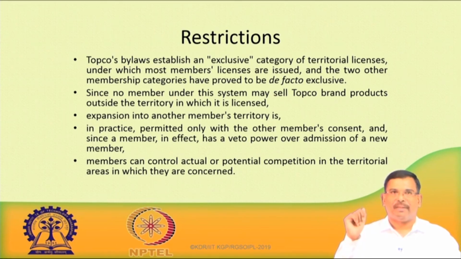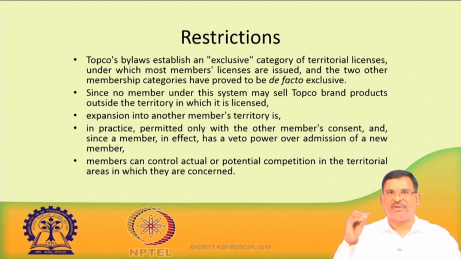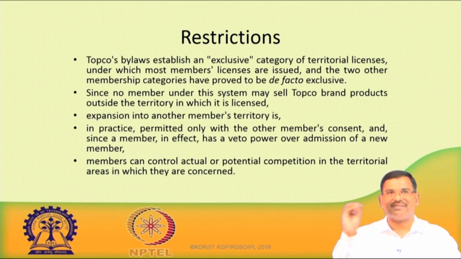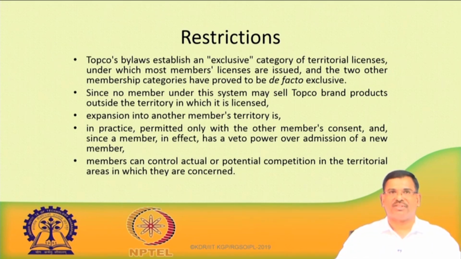If you want to extend your business to another member's territory, you have to take prior consent. A new member cannot enter the territory of another member and start business. You require prior permission of Topco and other members, because the members themselves control this association.